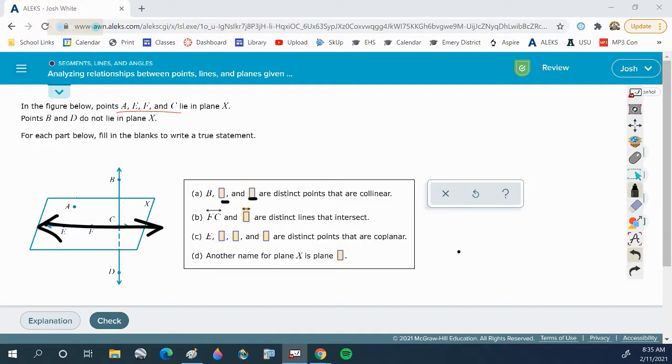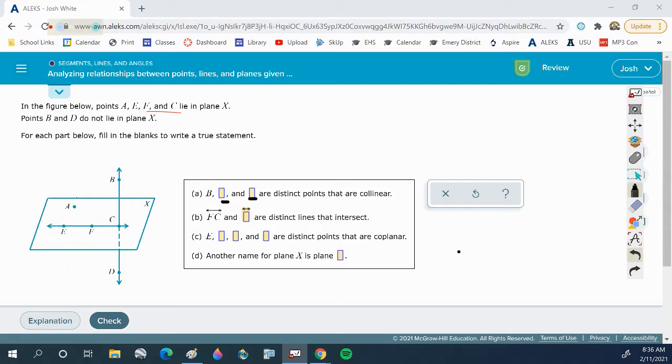What's the name of the line that intersects it? It could be BD or BC or DC or CD or CB. There are lots of options. Okay.